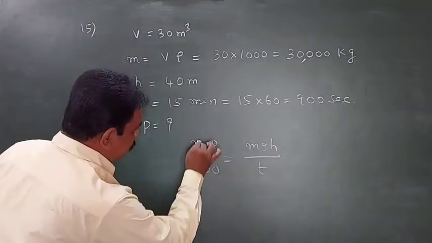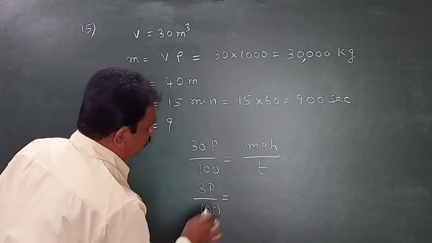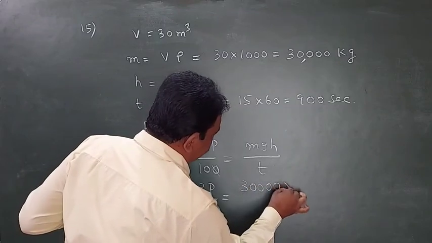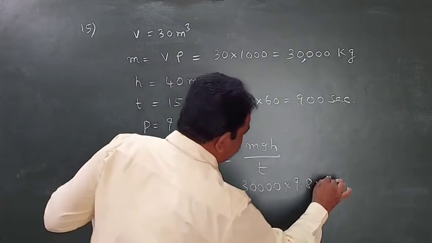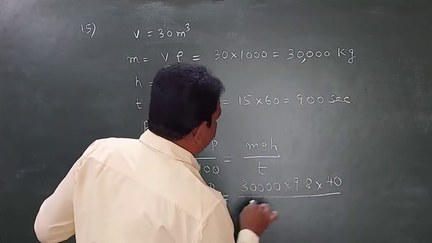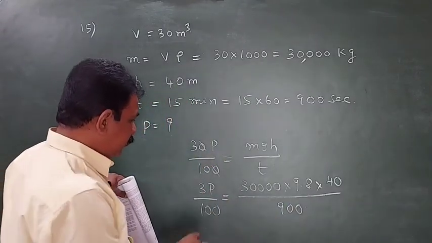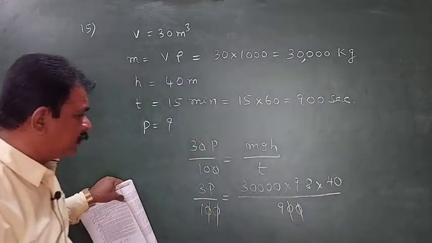So the zeros we can cancel. 3P by 100. M value will be 30,000, g value 9.8, h value 40, by time value 900. These zeros we can cancel.